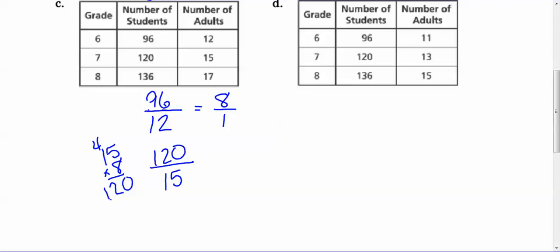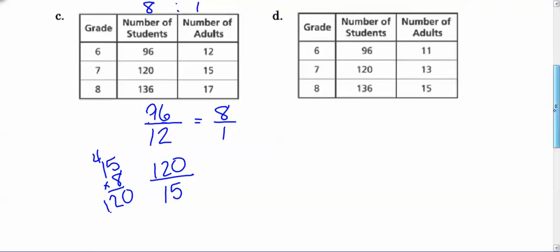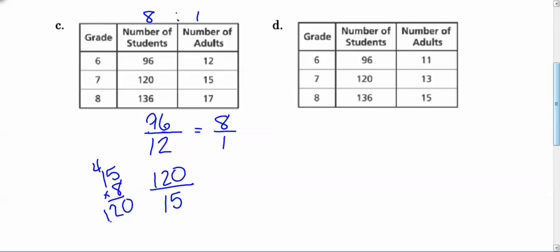I'm not quite sure what mistake they're hoping kids make here. You'll notice the numbers are awfully close to choice C. C actually is the right answer. But usually they try to pick out a common mistake that kids are making. So I'm not quite sure what they are expecting kids to do to get that answer, but choice C is the correct one because all of these ratios, students to adults, if you were to write 96 to 12 like a fraction, that simplifies to 8 to 1, right?